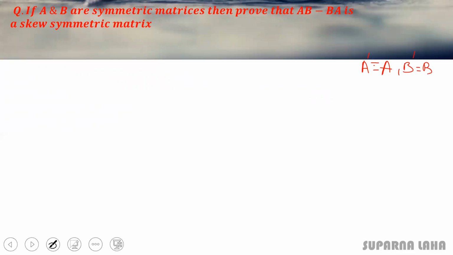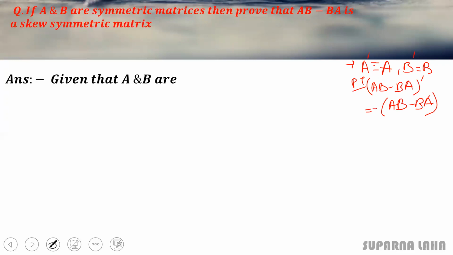And we have to prove that the transpose of AB minus BA is minus of (AB minus BA), since it's skew symmetric. Okay, so let's prove it.